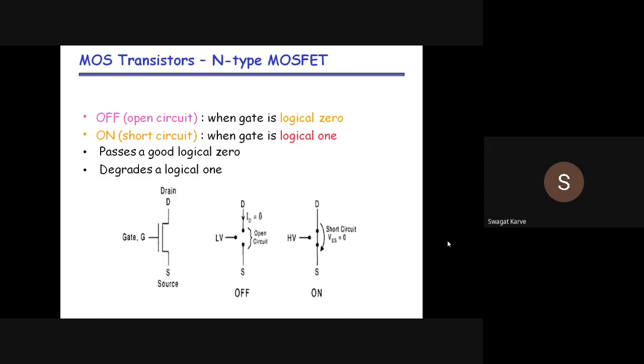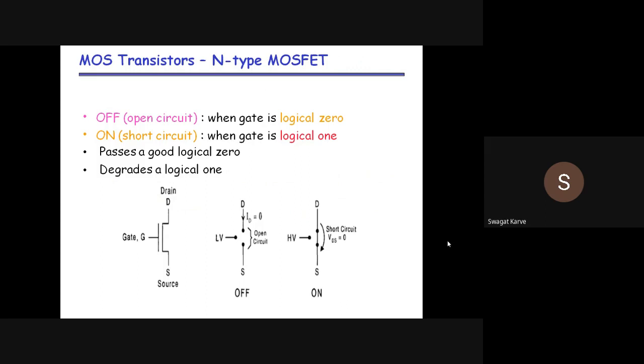Right? And whenever the NMOS transistor is off or it is open circuited, then the gate is logical 0. Right? That means whenever there is an open circuit, see, open circuit means what? There is no current. ID is equal to 0. Right?